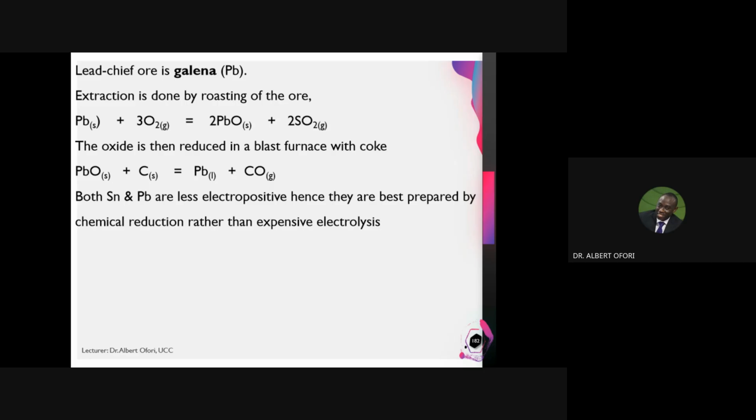Lead reacts with oxygen to produce the oxides. This is lead +2 in the lead oxide. When we add carbon or activated carbon to that, we can then get the free lead.